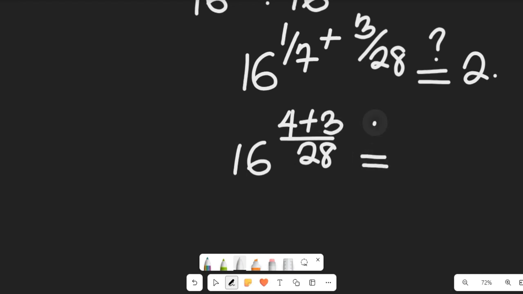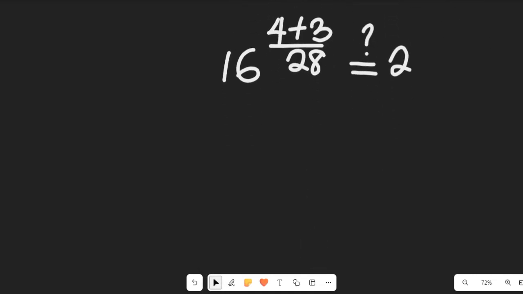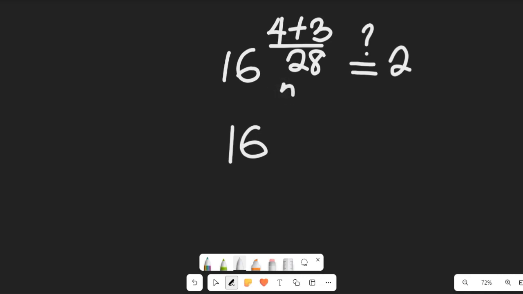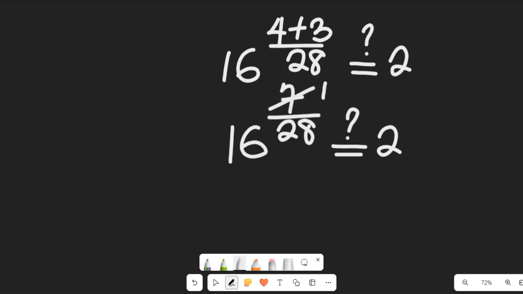Will this whole solution give us 2? So we'll have that expression to now give us 16 to the power of 7 divided by 28. So what do we have? Would this be equal to 2? This is going to give us 7 here will give us 1, while 7 here will give us 4.